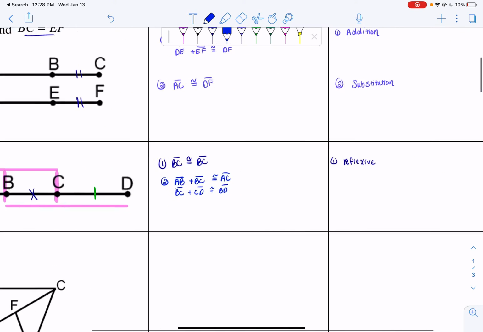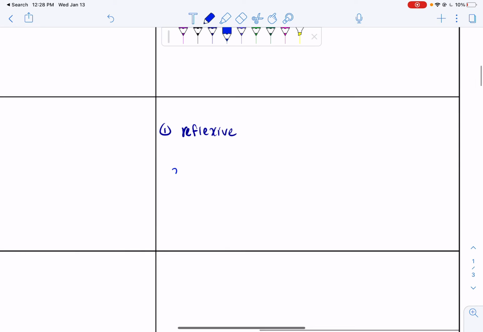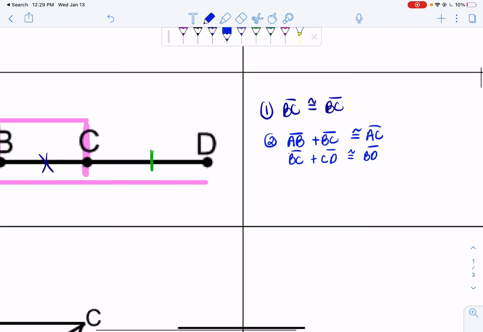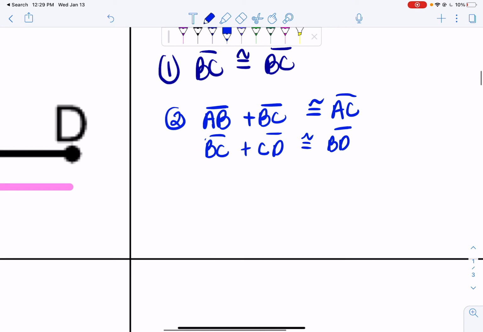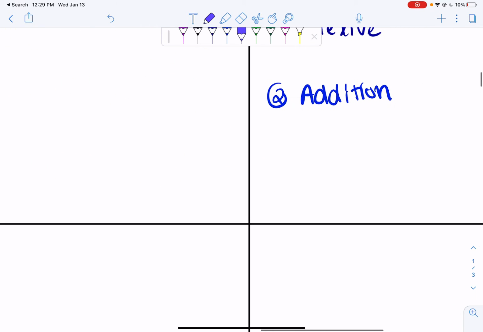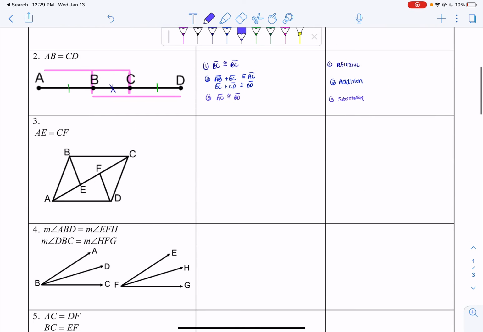And that will be addition. Now my final step is I can say AC is congruent to BD by substitution. And that's your final answer.